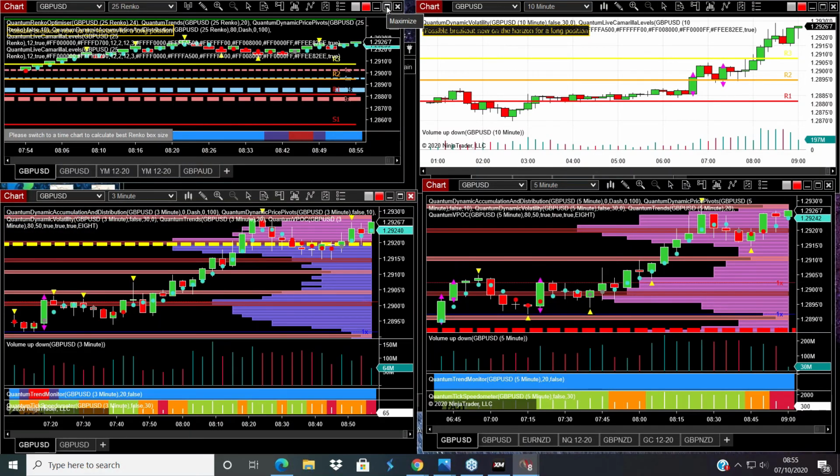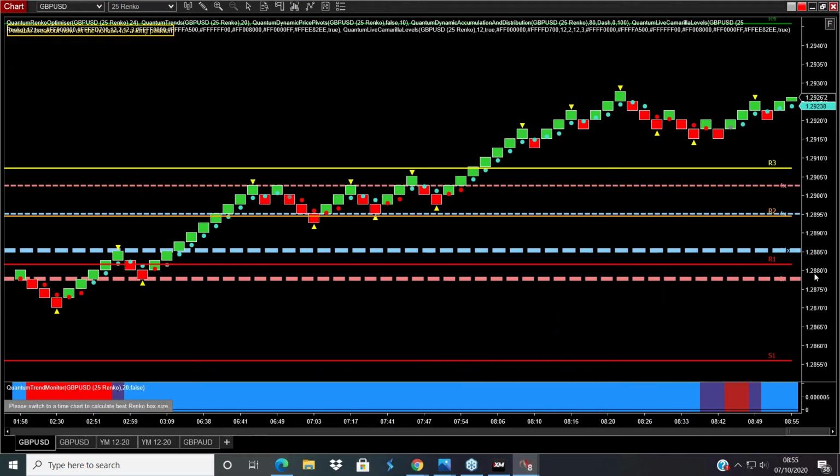Now, I mentioned using a Renko chart together with a time chart. What a Renko does, first of all, is smooth out all the fluctuations and the oscillations that you get with the candles. So you're also looking at raw price action. This is moving up. The value of each of these little bricks is 2.5 pips.